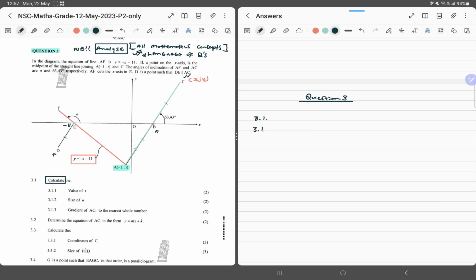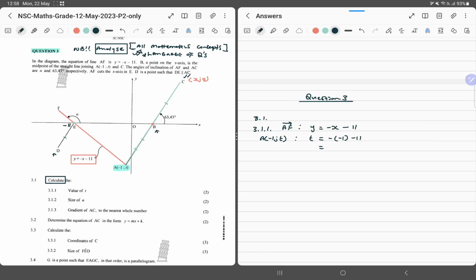3.1 has 3.1.1. So we know here that we need to find line AF, which is such that y equals minus x minus 11. Then through point A, which is minus 1, is to t, it will be such that t is equal to minus into minus 1 minus 11.